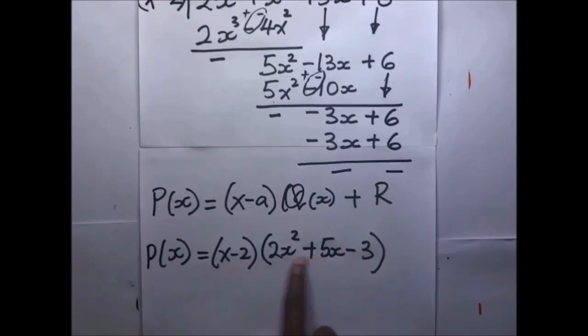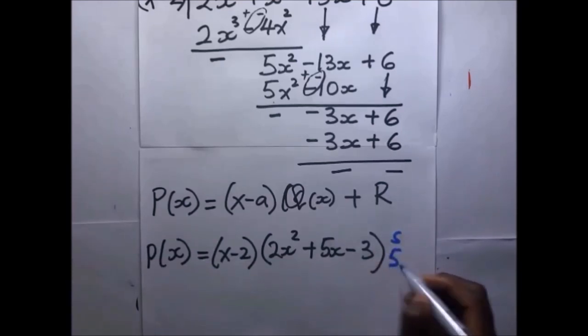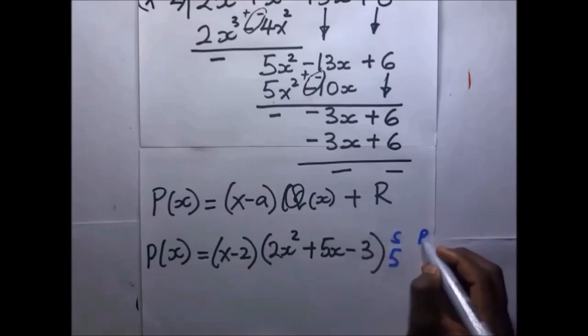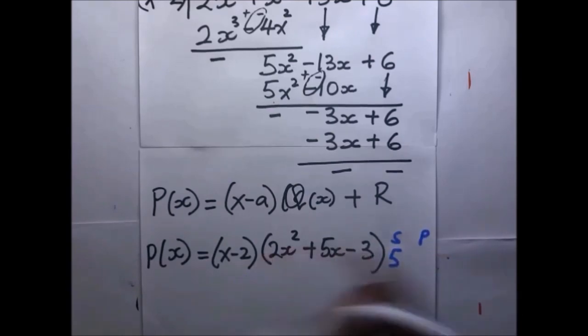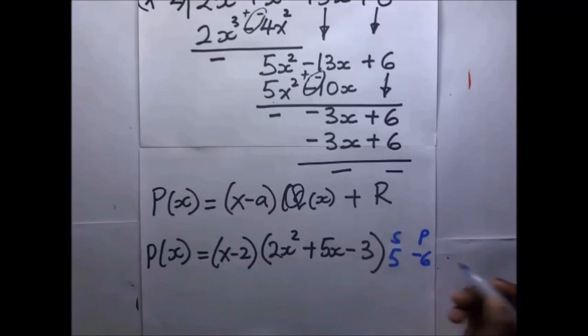So to get other factors, we simply need to factorize this quadratic equation. So factorizing that quadratic equation, it means that we're supposed to get two numbers. One of those numbers giving us a sum of positive 5, and the other number is giving us a product of negative 3 times 2, which is going to give us negative 6.